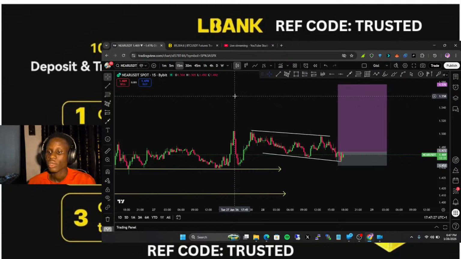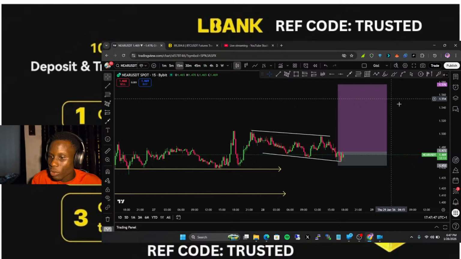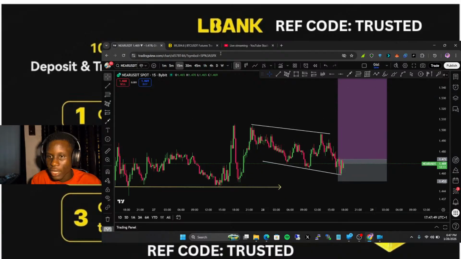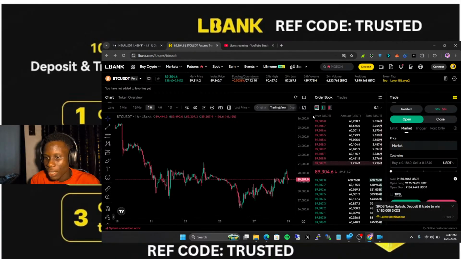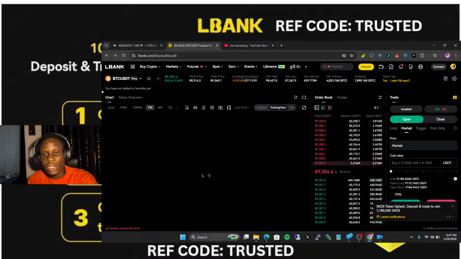So while we wait for this NEAR USDT to follow what we just discussed, don't forget, if you have any question, just drop it for me. I'm going to be answering that right away. So it looks like we want to follow that. Let me prepare my chart here on the LBank trading app.